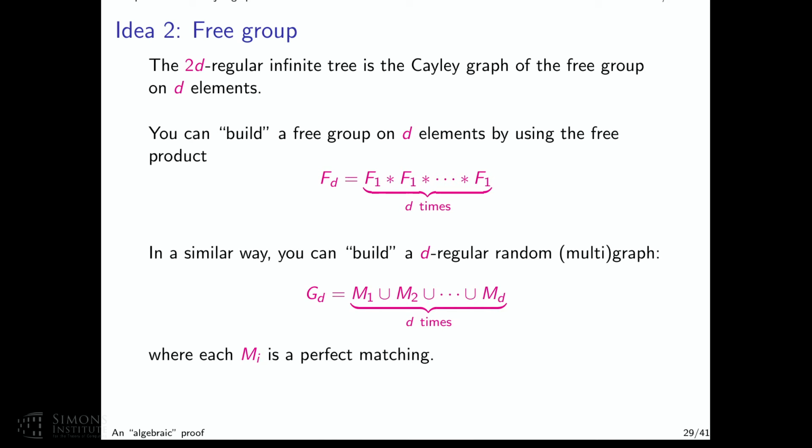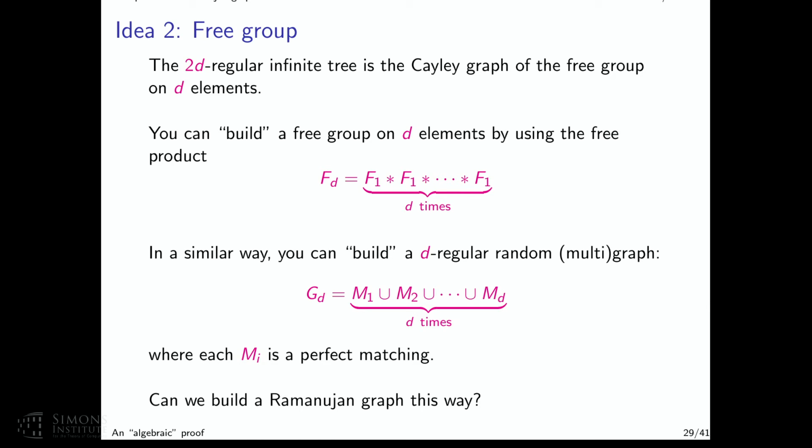And if you've done any computational things with d-regular random graphs, you realize that that's how we also build these d-regular random graphs, at least multigraphs: you take a matching and put it down, and then you add another random matching, and then another random matching, and then another. So they both have this idea of building from pieces.